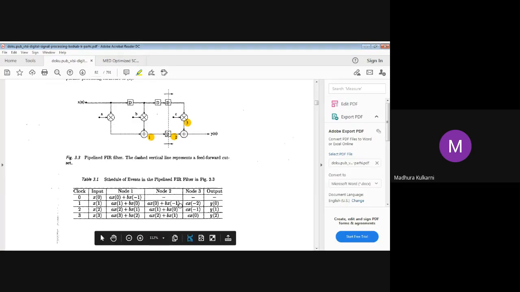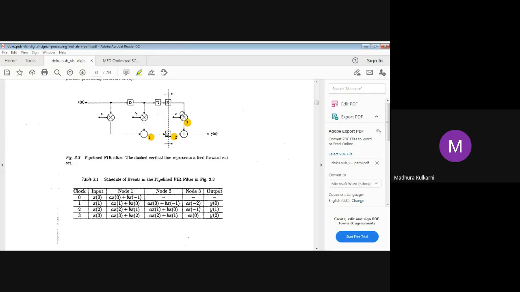In this way, we'll be getting output at node 2 as ax of 0 plus bx of minus 1. Similarly, at node 3, let us see here, x of 1 minus 1 will give you 0. Then again minus 1 will give you x of minus 1, and again minus 1 will give you x of minus 2.